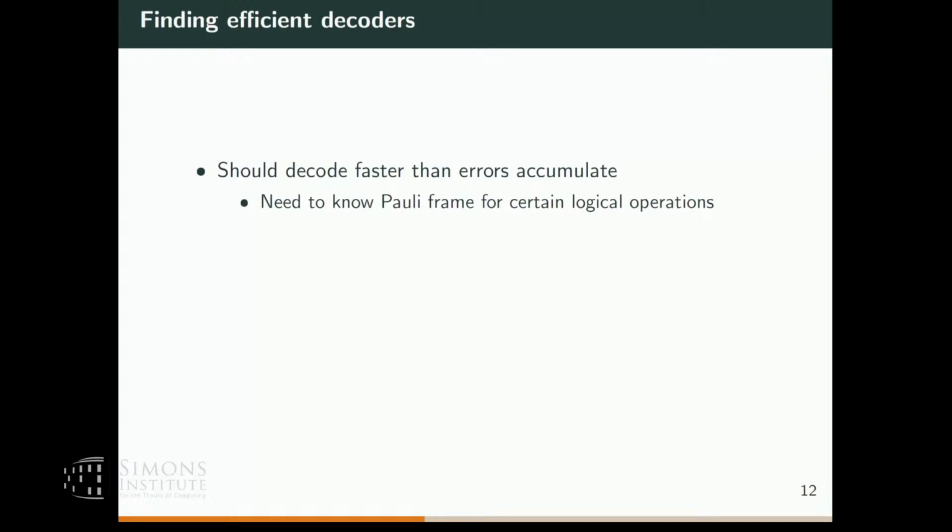And you can't leave all of the decoding until the end because you need to know exactly what Pauli frame you're in in order to implement certain logical operations, such as non-Clifford gates. The general problem is actually NP or sharp-P complete for an arbitrary stabilizer code. So we're probably not going to have a super general algorithm, but we can still consider specific codes. And if it's a code that we want to implement in practice, of course, then we will need an efficient decoding algorithm.